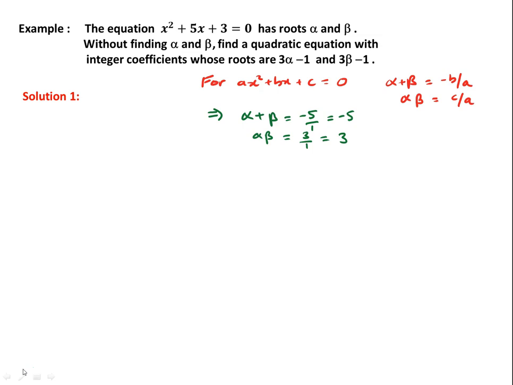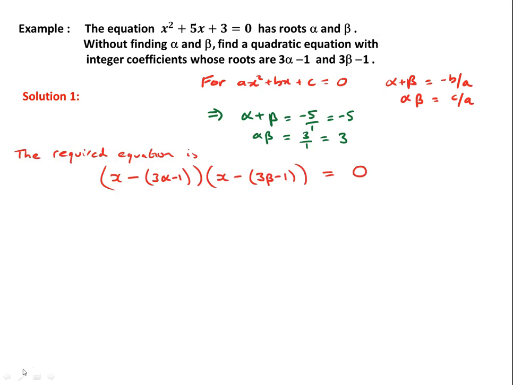An equation whose roots are 3 alpha minus 1 and 3 beta minus 1 will be the equation (x minus (3 alpha minus 1)) times (x minus (3 beta minus 1)) equals 0.